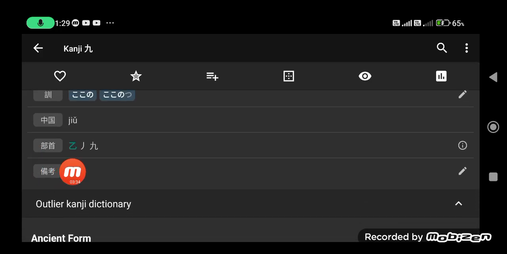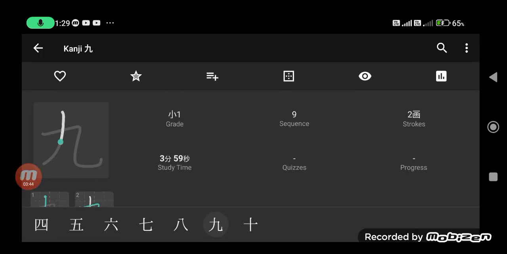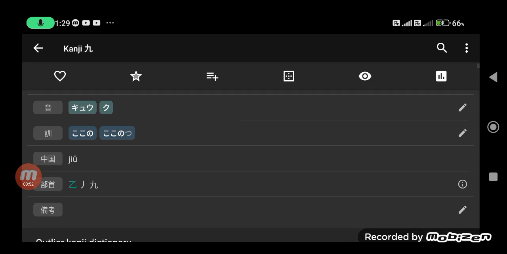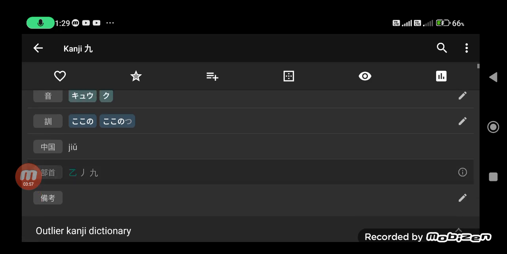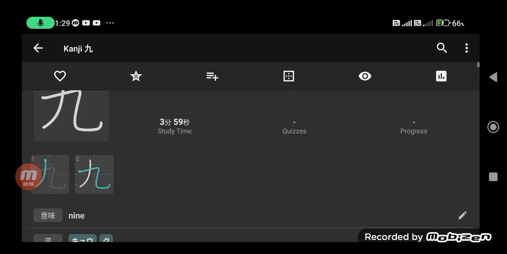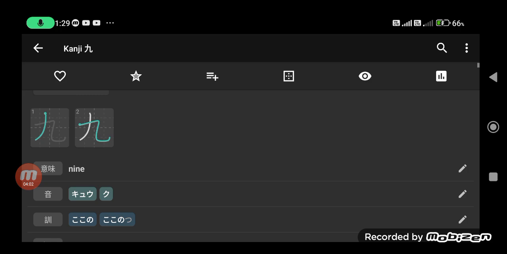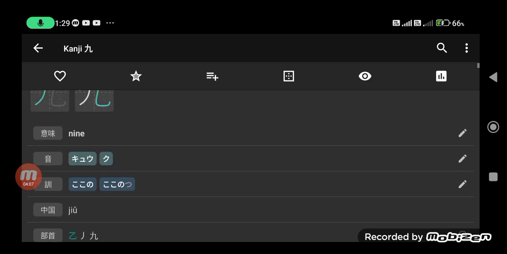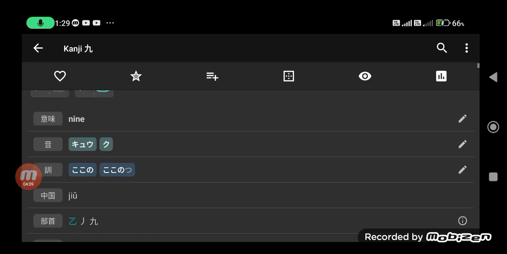So what's this? It's bushu, or radical, or component, because this kanji character is actually composed of radicals. Radicals, or components, are parts that comprise a kanji. To form a kanji, we need radicals, and I will put in the description box an additional explanation about bushu.